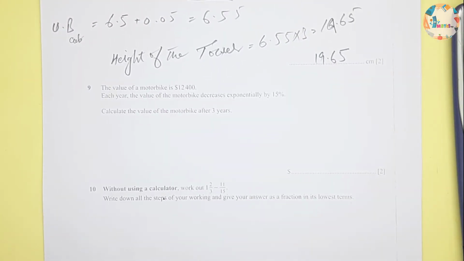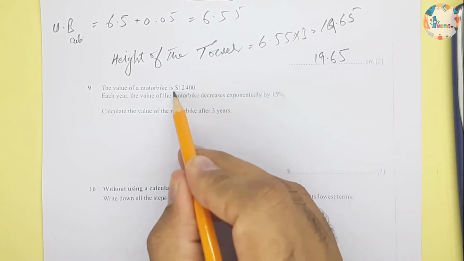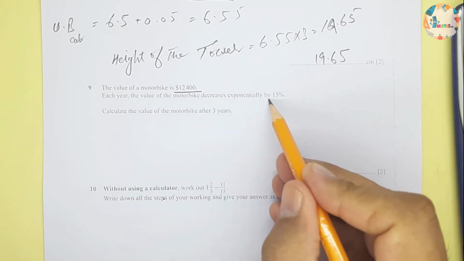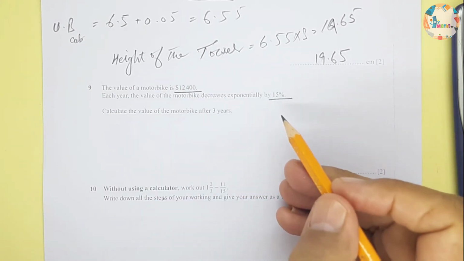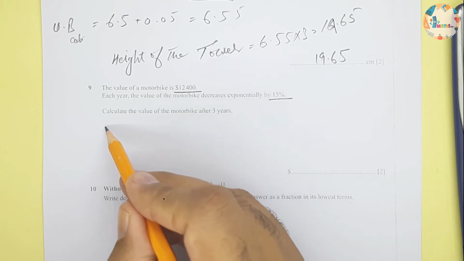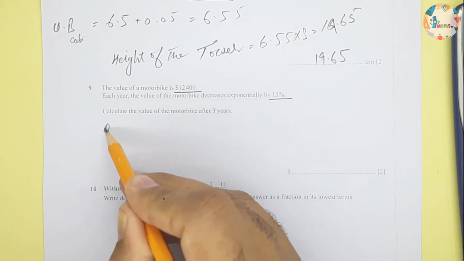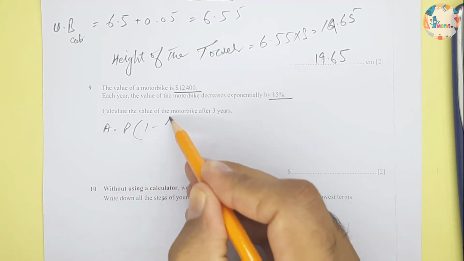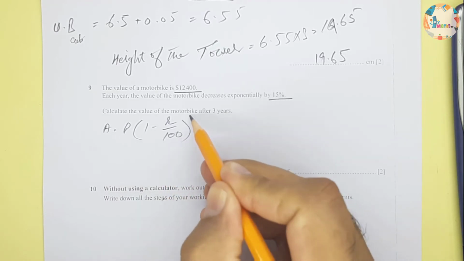Question number 9. The value of a motorbike is this much. Each year the value of the motorbike decreases exponentially by 15%. Calculate the value of the motorbike after 3 years. So A is equal to the principal amount into 1 minus R over 100 raised to the power t.